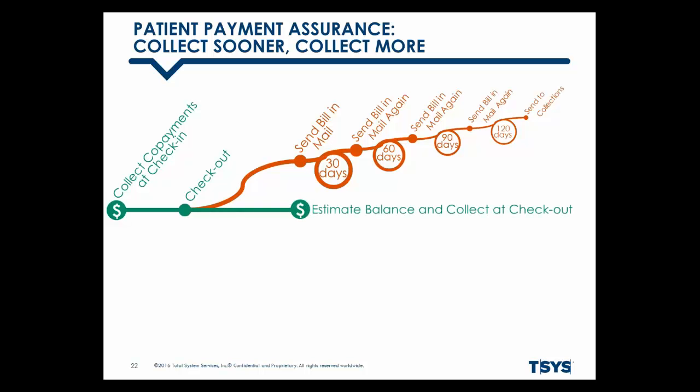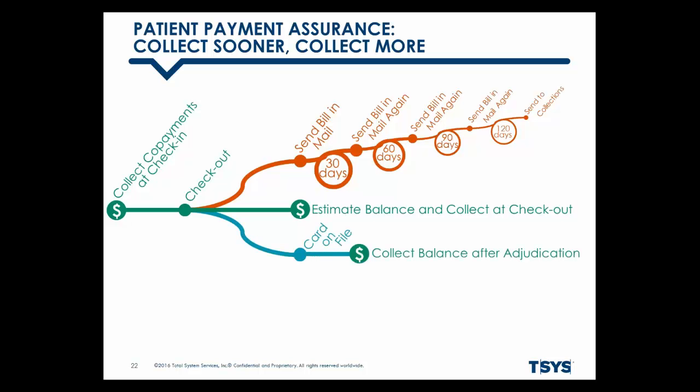After check-in and check-out, if you have the ability to estimate the balance, whether it be coming directly from the insurance company or from some other tools that you have in your practice, go ahead and collect what's owed at the time of checkout. There may be some patients that say, hey, look, I thank you for the estimation. I'm just not going to be able to pay that bill today. That's okay.